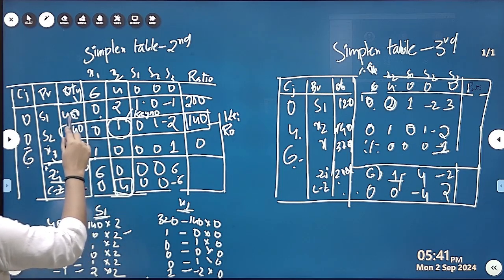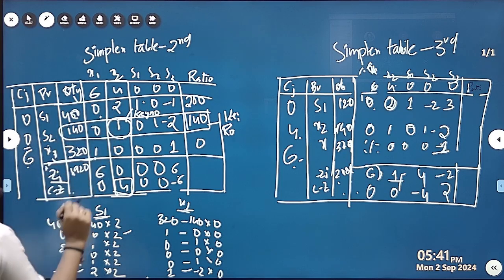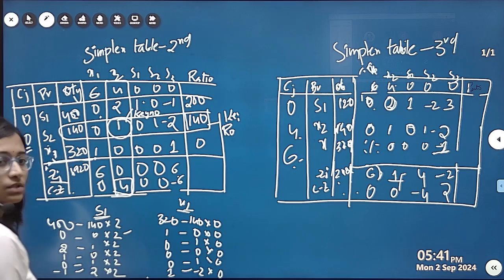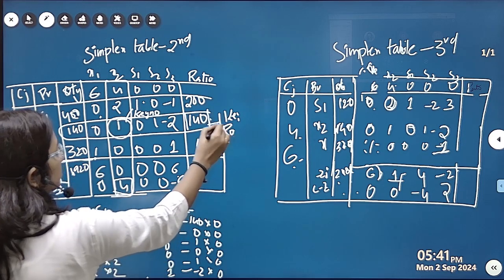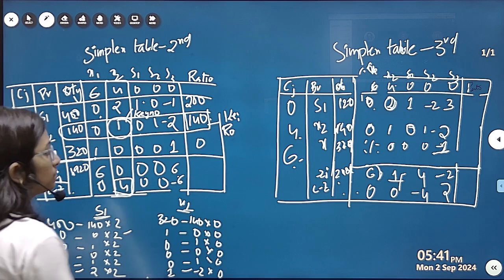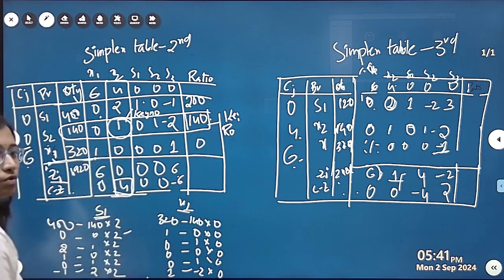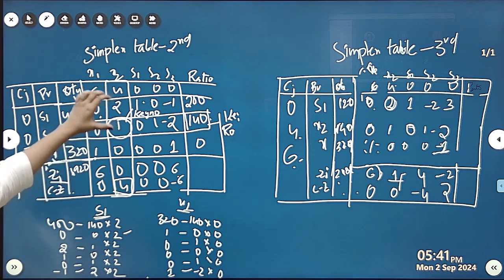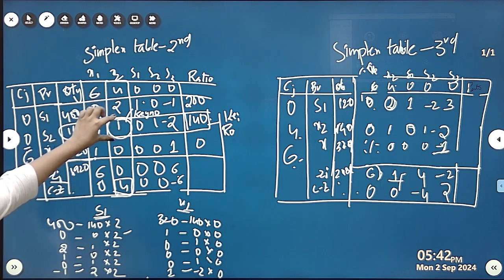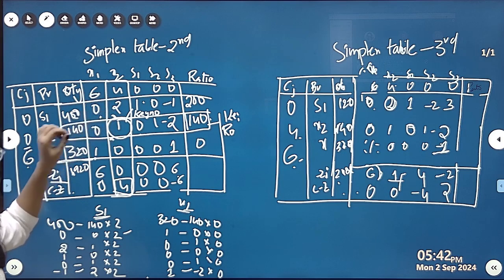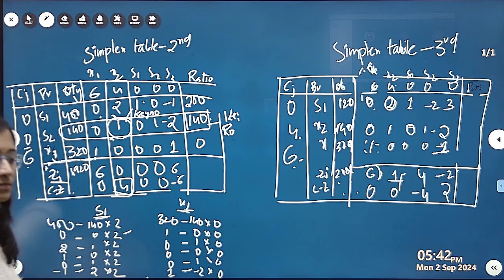After dividing quantity by key column, you will get the key ratio. In this key ratio, we need to select the minimum positive value. Now that will be the key row, and the intersecting number will be the key number. Okay, online, clear? Yes, ma'am.